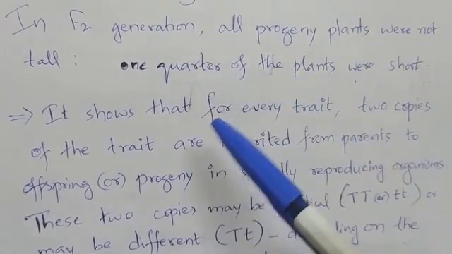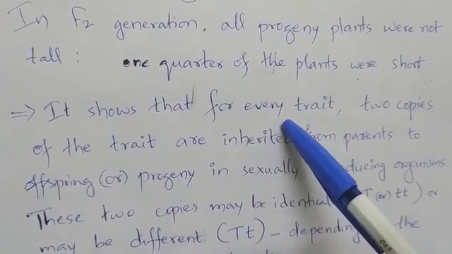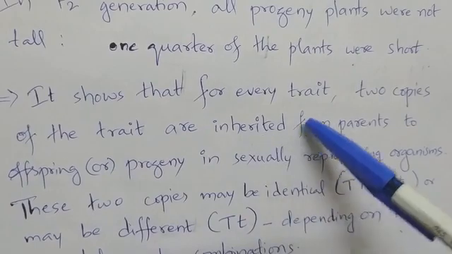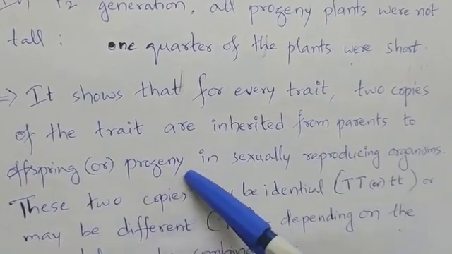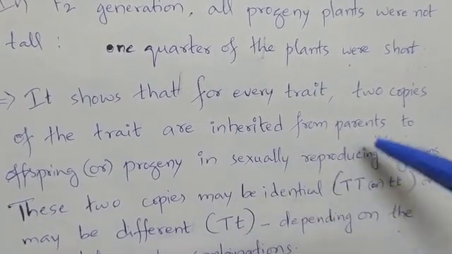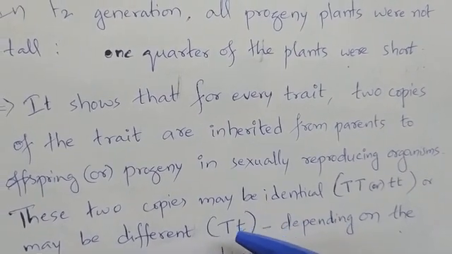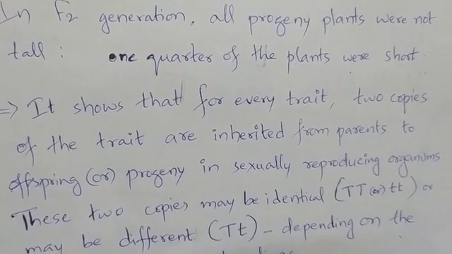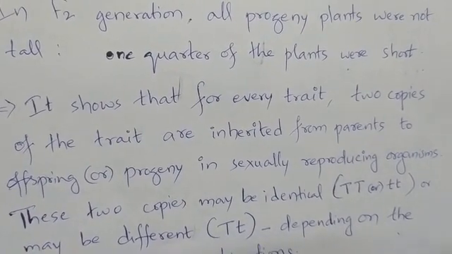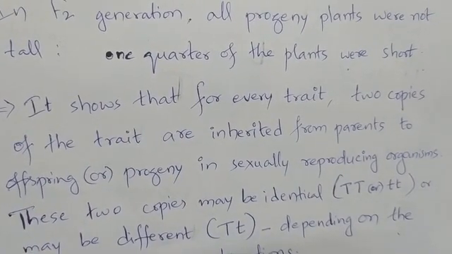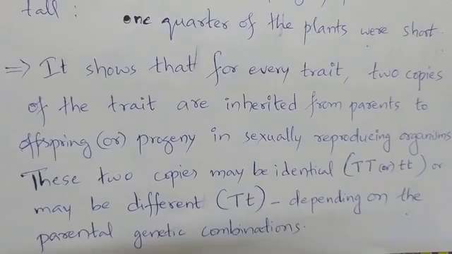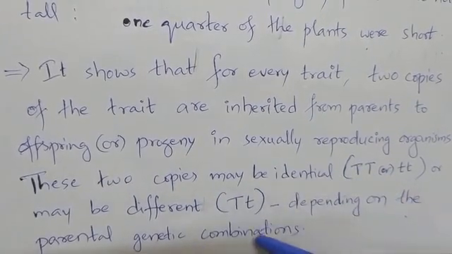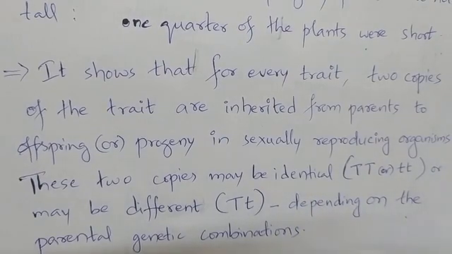It shows that for every trait, two copies of the trait are inherited from parents to the offspring in sexually reproducing organisms. These two copies may be identical, like capital T or small t, or may be different, that is capital T, small t. That depends on the parental genetic combinations, right?